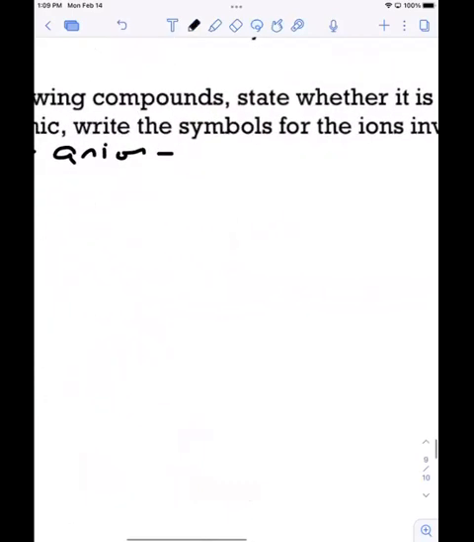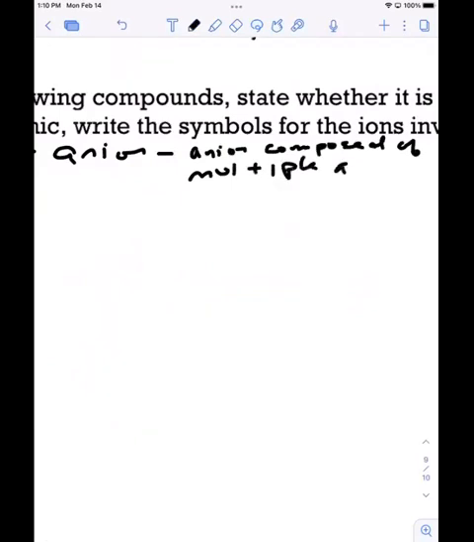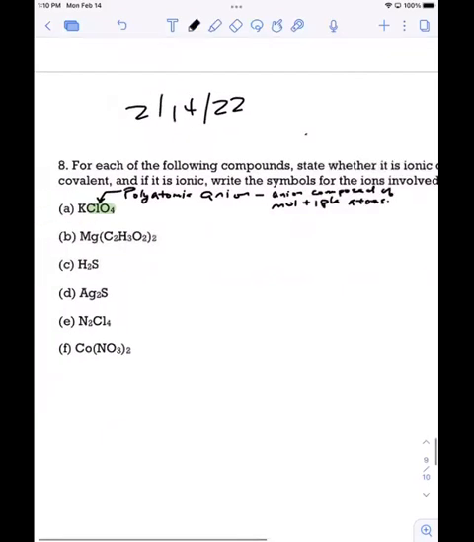So it's an anion composed of multiple atoms. That's why we call it poly, meaning many, atomic. So polyatomic. Anybody found it on the document yet?